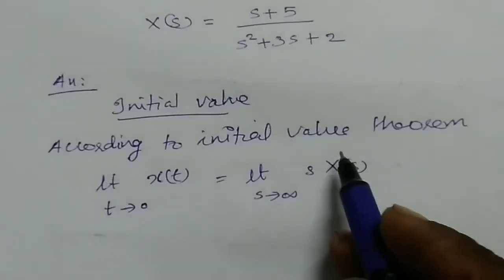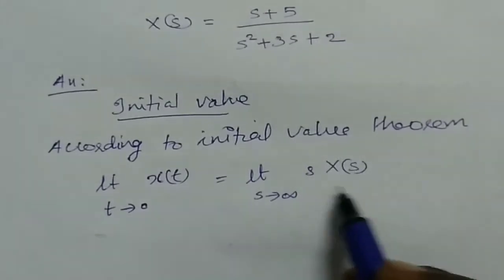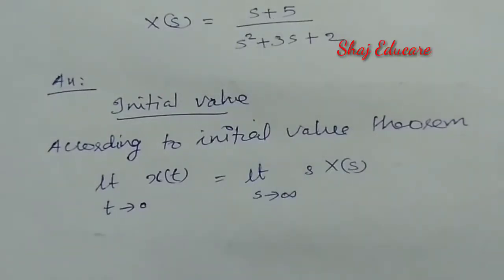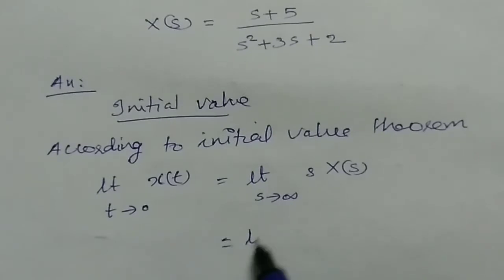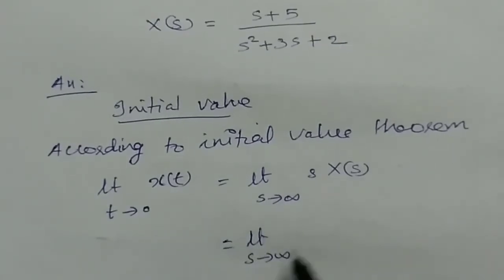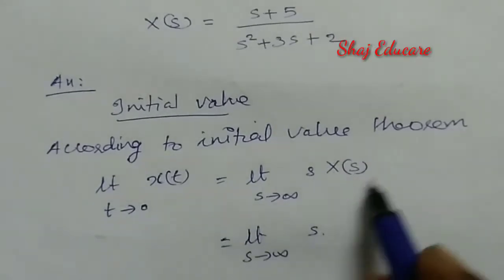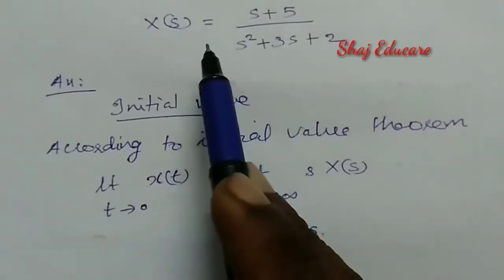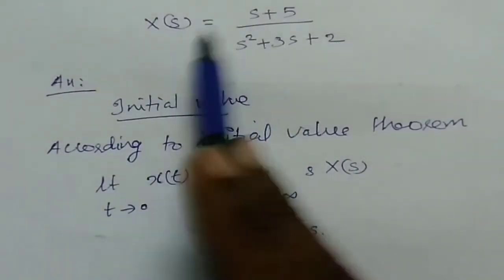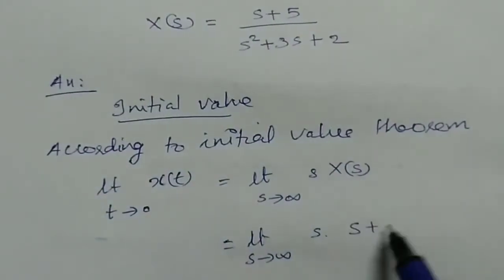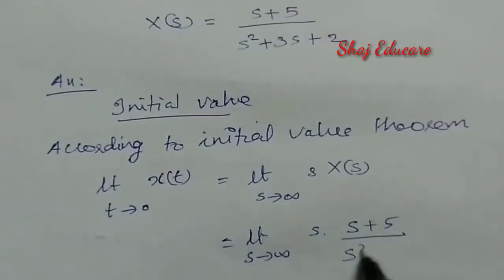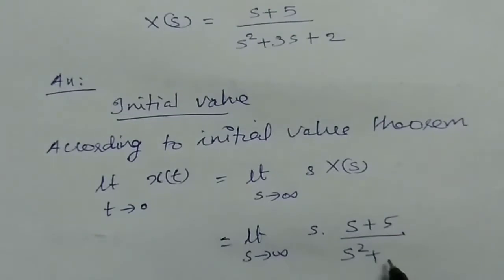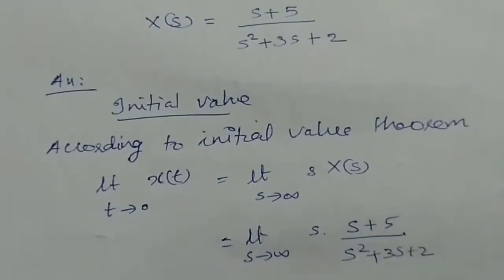Now let us substitute the value of X(s) from the question. That is equal to the limit as s tends to infinity of s into X(s), which from the question is (s + 5) divided by (s² + 3s + 2). Okay, right?